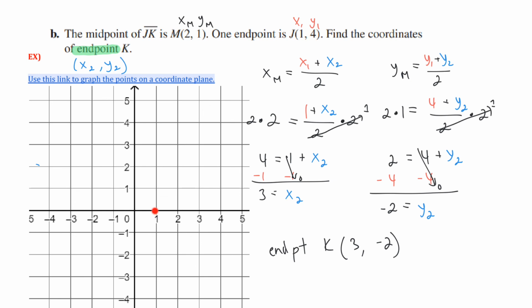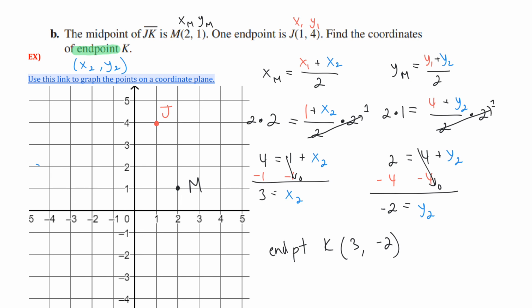So to the right 1 and up 1, 2, 3, 4 units, right over here. This is point J. And then our midpoint M is at 2, 1. So going to the right 2 and then up 1, here is the midpoint, M.